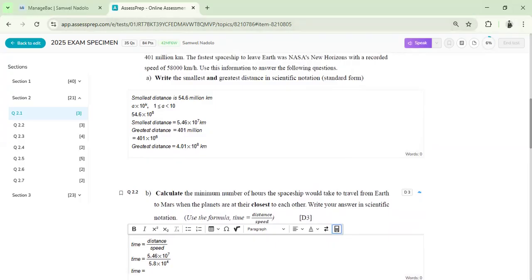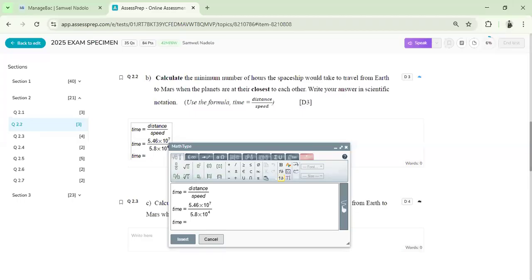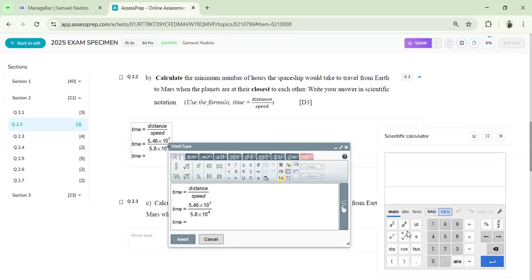You just click up here. There's a calculator, you click the calculator. And because you are inserting a fraction, you choose A over B.